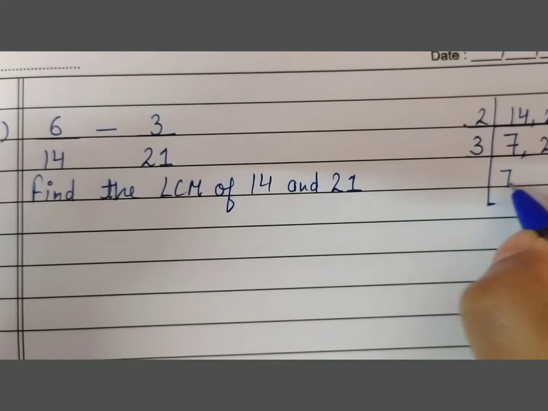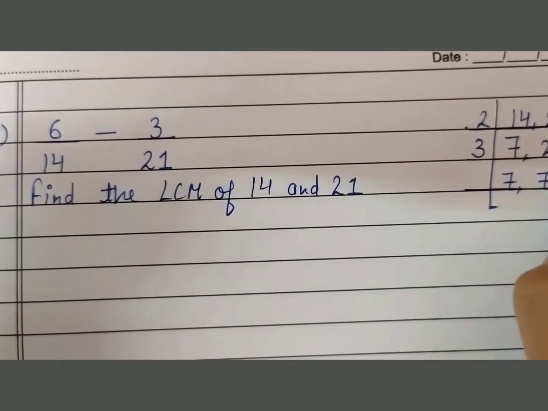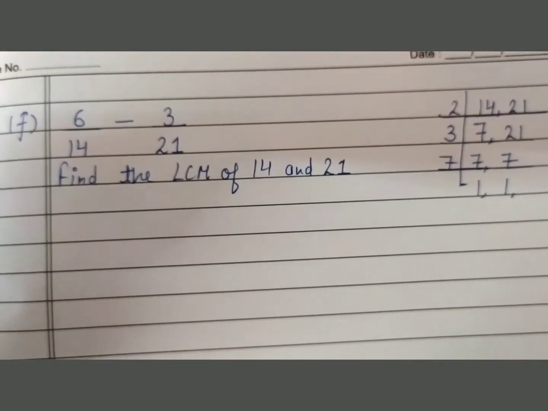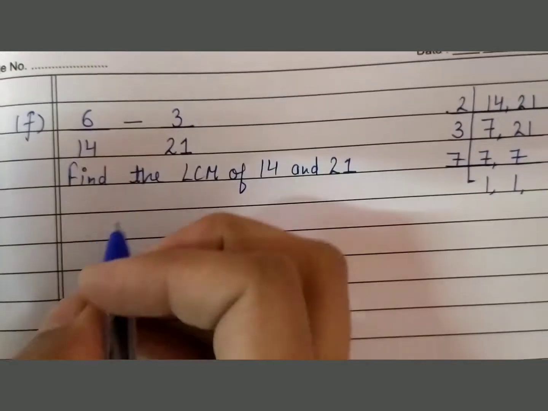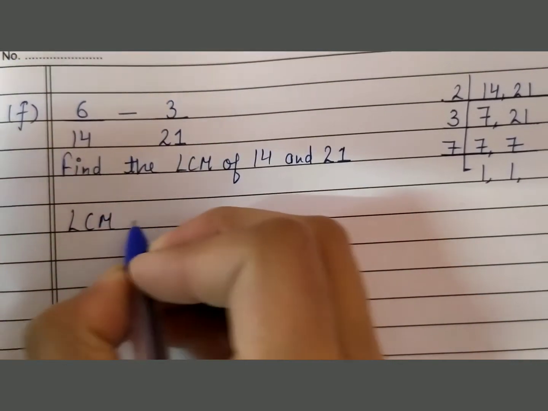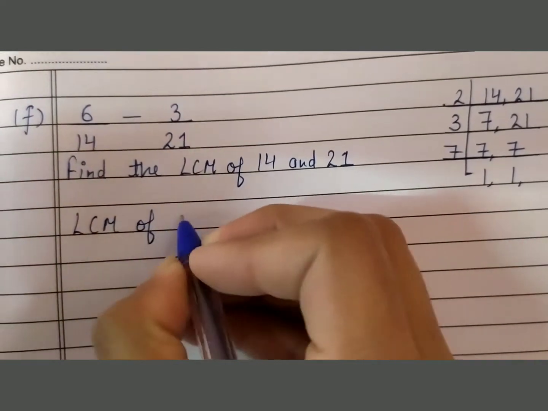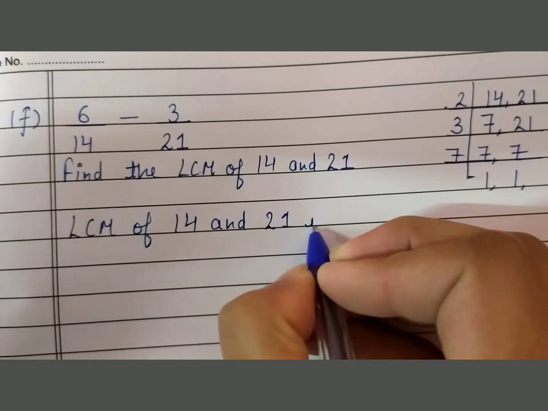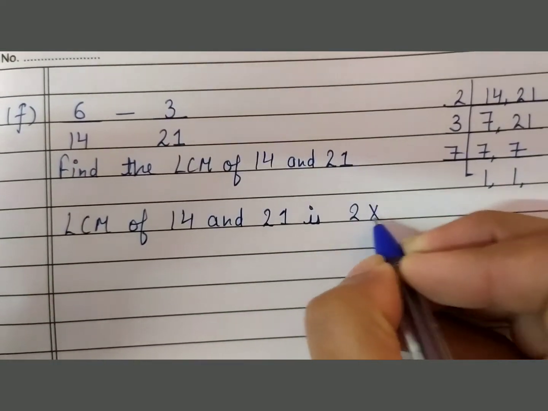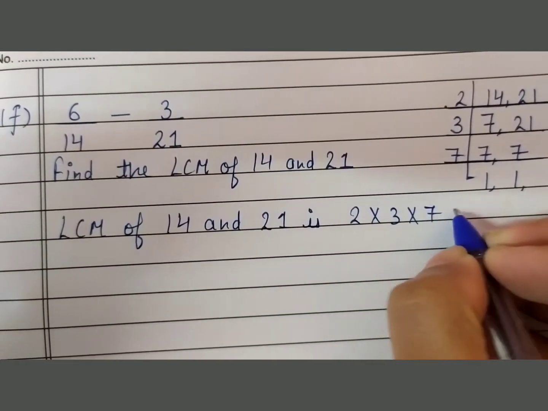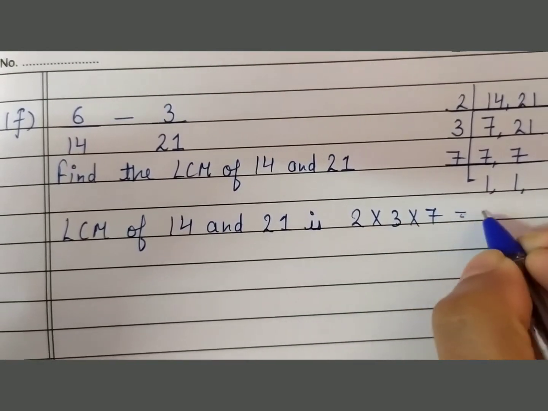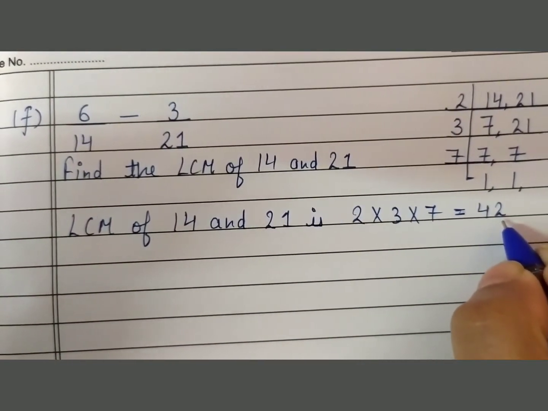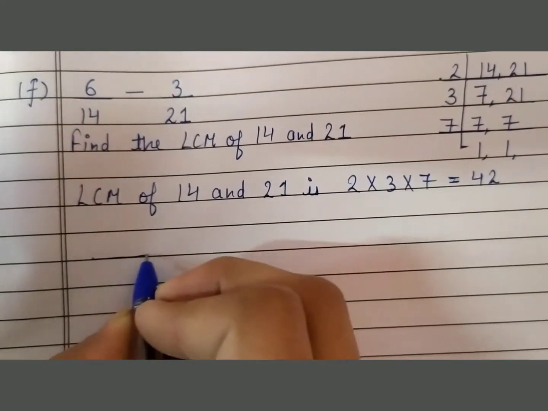Write 3, 7 as it is, 3 sevens are 21, 7 ones are 7, 7 ones are 7. LCM of 14 and 21 is 2 multiply 3 multiply 7. 2 3s are 6, 6 7s are 42. Children, 42 is a common denominator. Write 42 in the denominator.